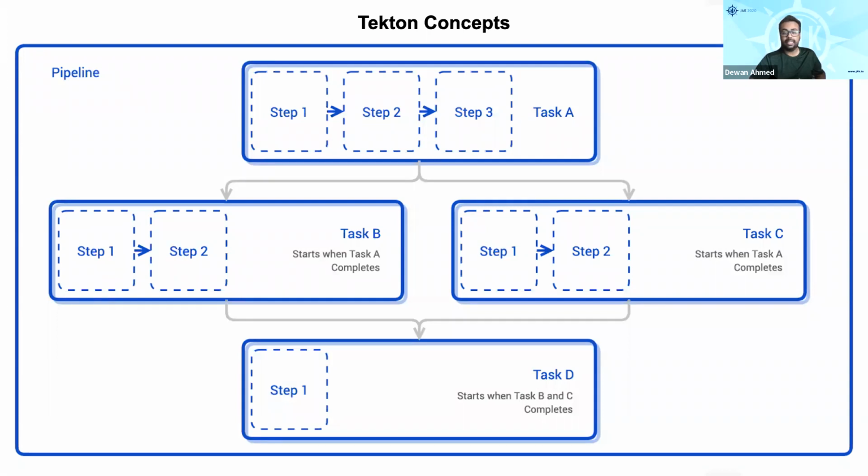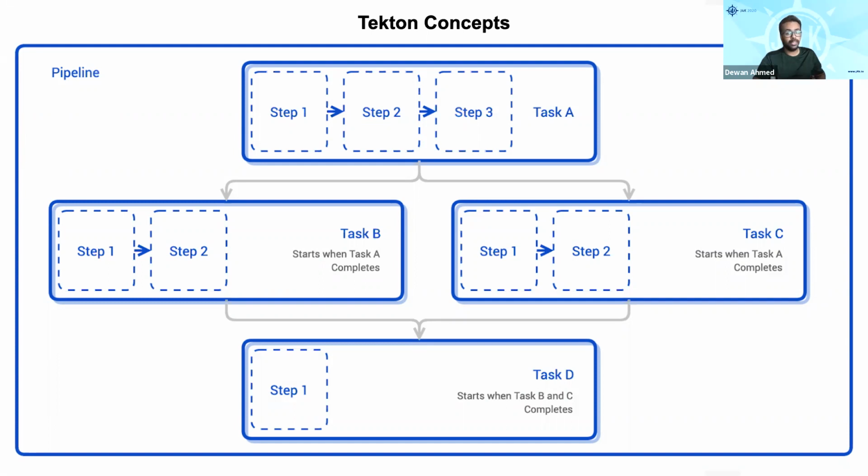Task D does not start until both task B and task C complete. These tasks could run on either the same Kubernetes node or a different Kubernetes node. And finally, when you have multiple tasks, you have a pipeline. So those are some of the core concepts of Tekton. We have the smallest unit, which is a step, then multiple steps form a task, and multiple tasks form a pipeline.